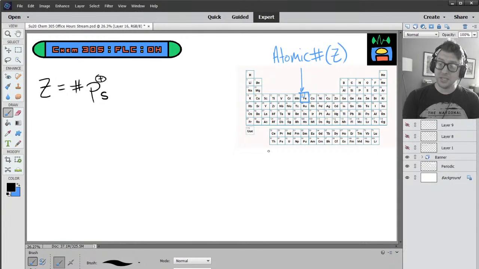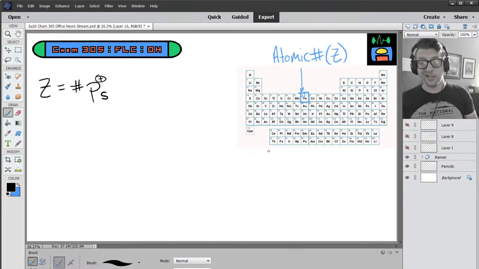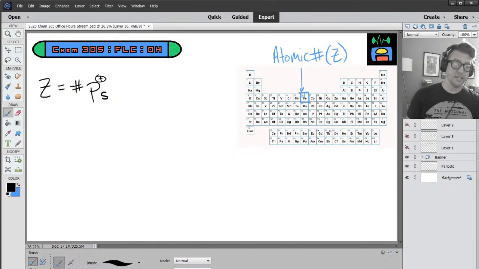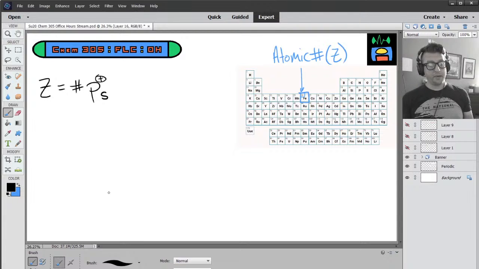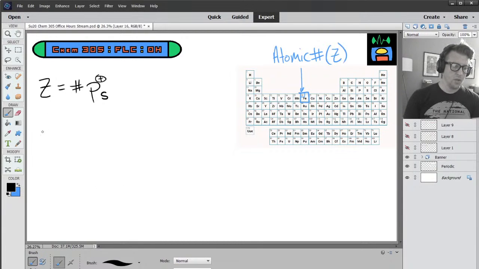However, the periodic table does not tell you how many neutrons are in an element, because that varies. There are isotopes, which are elements with the same proton count but different neutron counts. So nowhere on the periodic table will you find the number of neutrons, and therefore you can't calculate the total number of nucleons. You have to be provided externally with something called the mass number.